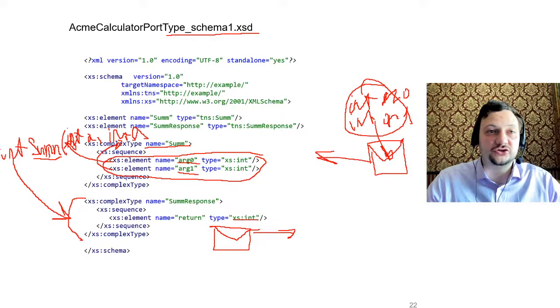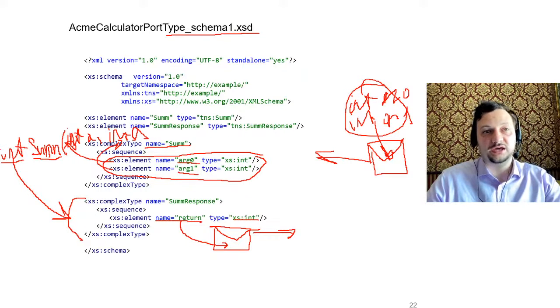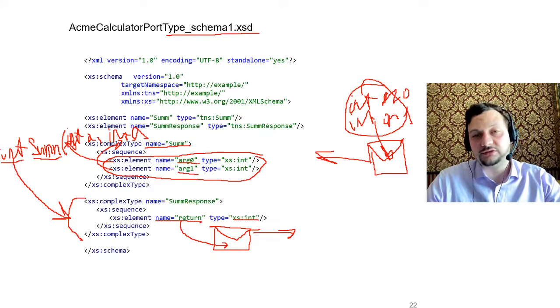It is integer, and the name is return. So when we create the result of our addition of A and B, we would put it into the output message and we would send it to the client that requested the execution of the remote method on our server.